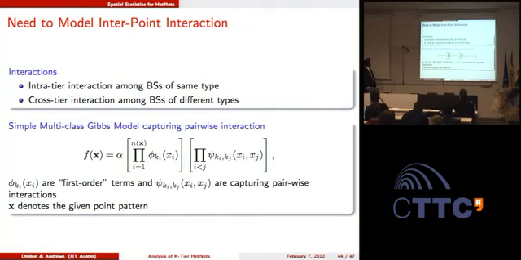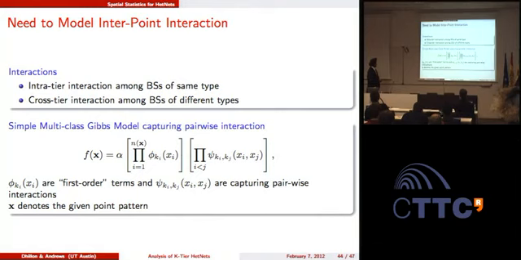So, just to give you a flavor of what kind of tools are there, I included a simple multi-class Gibbs model which captures pairwise interaction. In this case, we are not capturing complete interaction over the whole process. We are just capturing interaction between 2 points taken at a time.